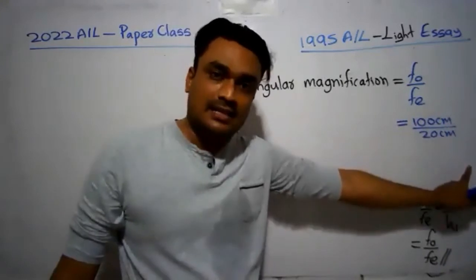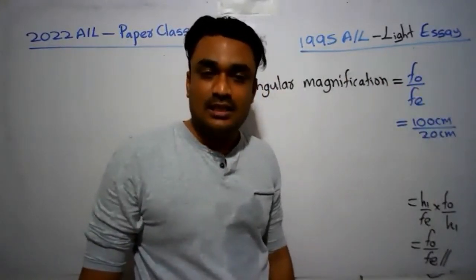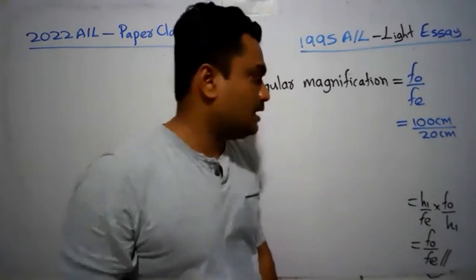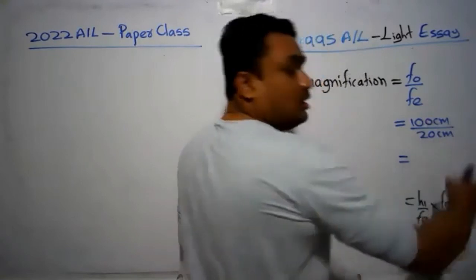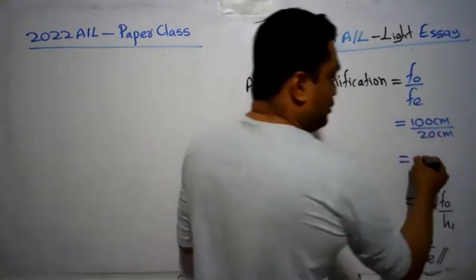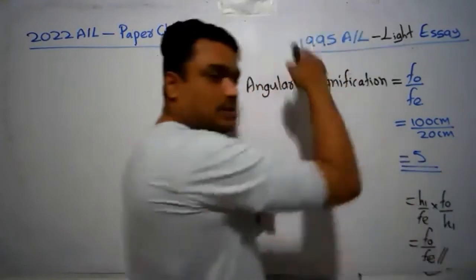Centimeter and centimeter cancel out. So there is no unit for angular magnification. It is only a number. 100 divided by 20 is 5. So angular magnification is 5. Complete it.